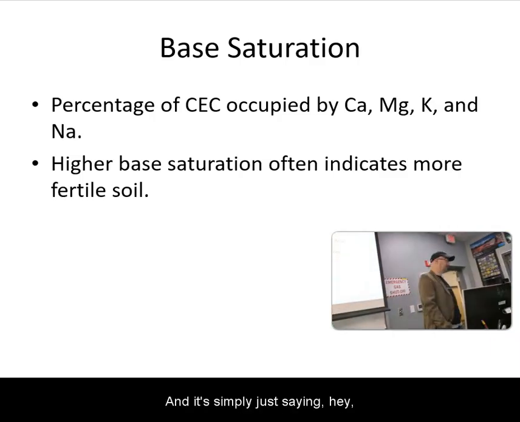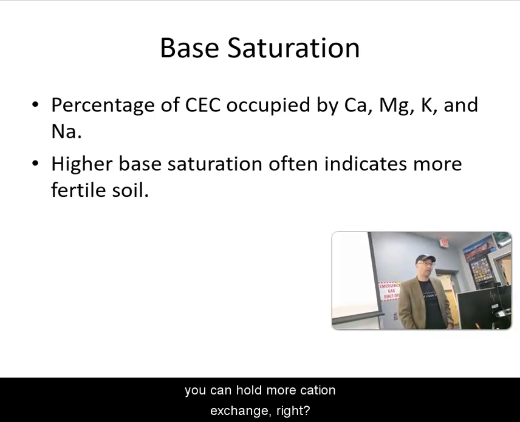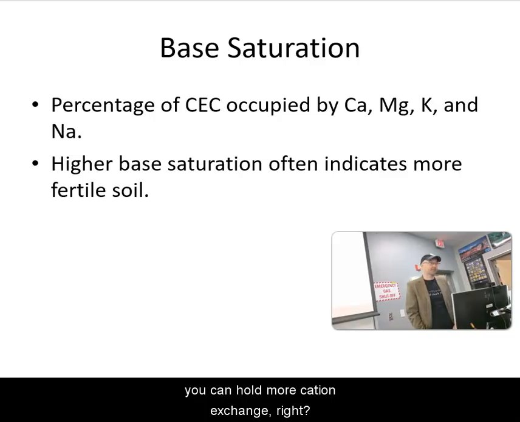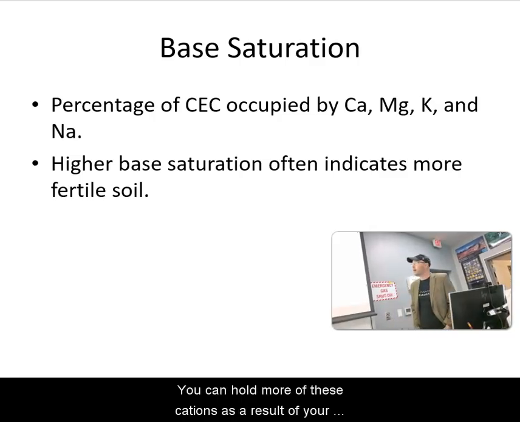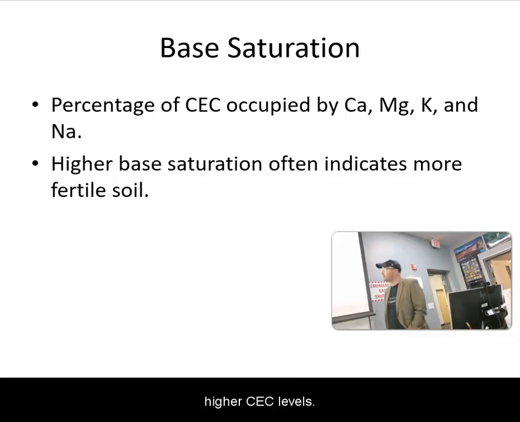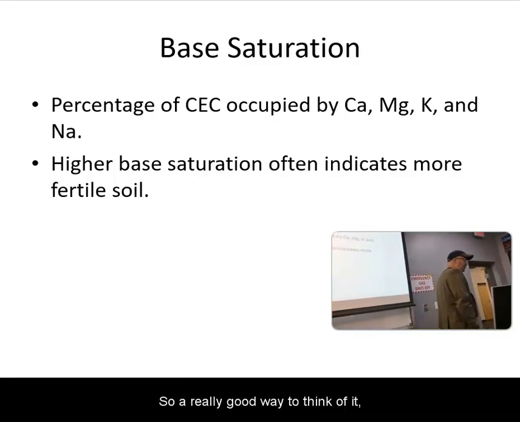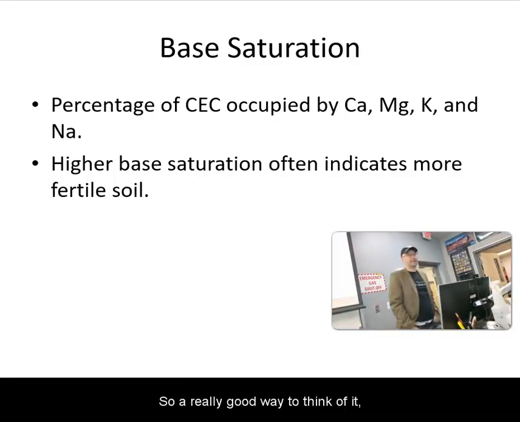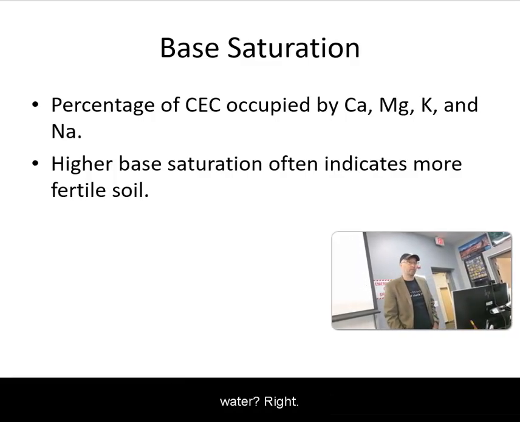And it's simply just saying, hey, you can hold more cation exchange, right? You can hold more of these cations as a result of your higher CEC levels. And we just call that base saturation. So a really good way to think of it, kind of an analogy, is how much water can a sponge hold, right?